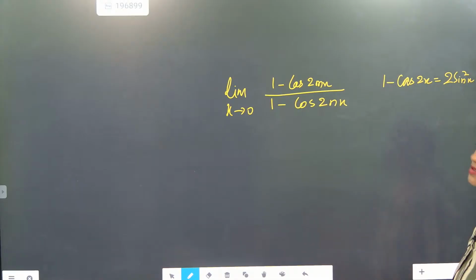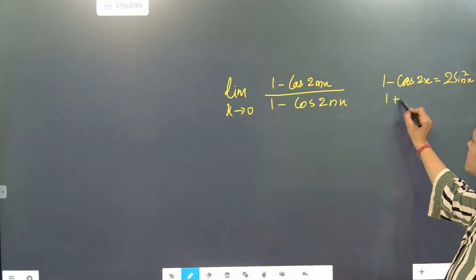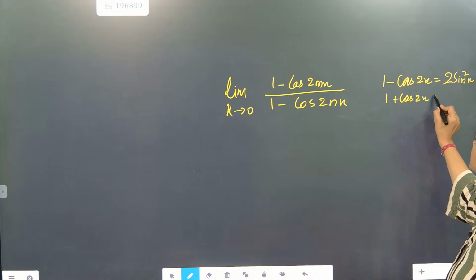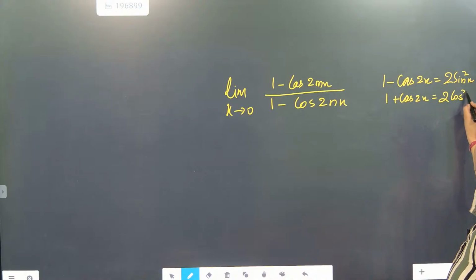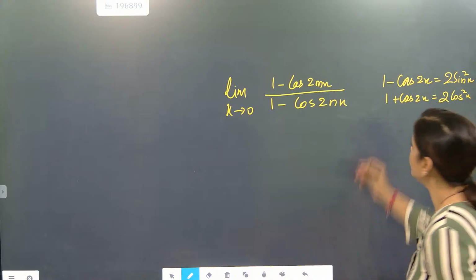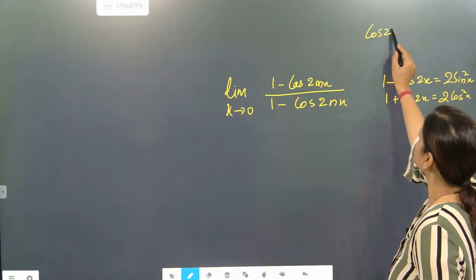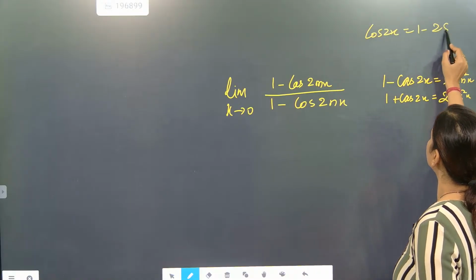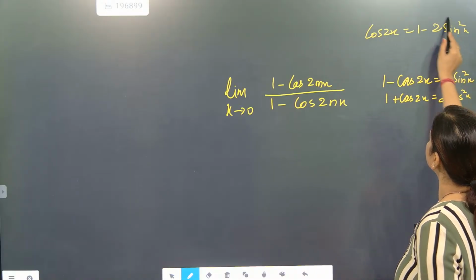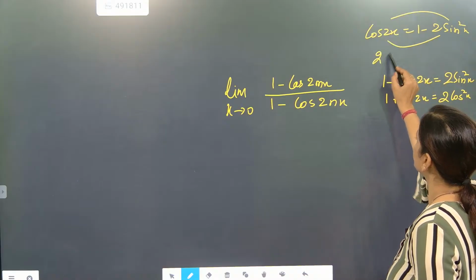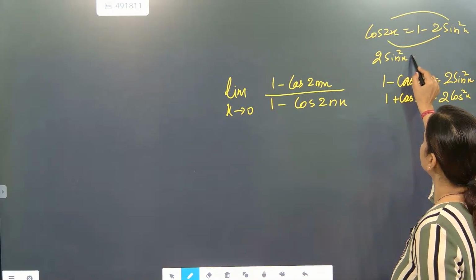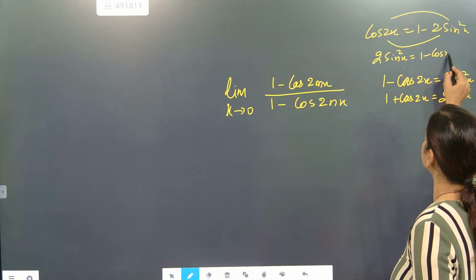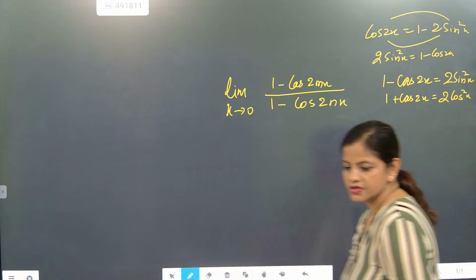You remember this: 1 plus cos 2x is equal to 2 cos square x. How did it come? It came from the basic formula: cos 2x is equal to 1 minus 2 sine square x. Shift this one this side, this one this side. It will become 2 sine square x is equal to 1 minus cos 2x. Done. Work over.